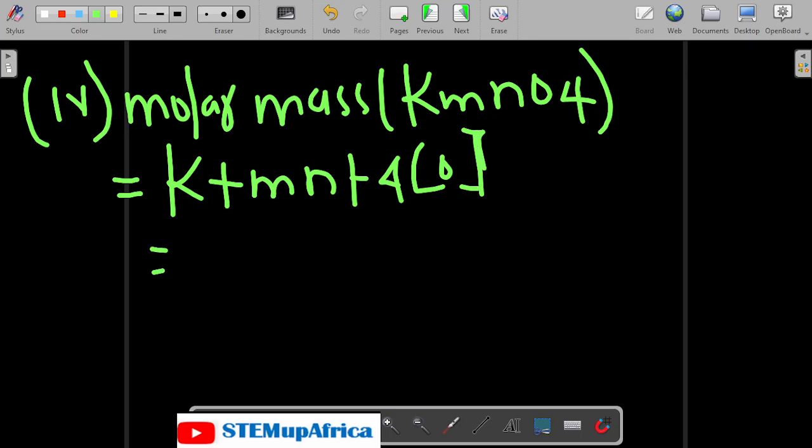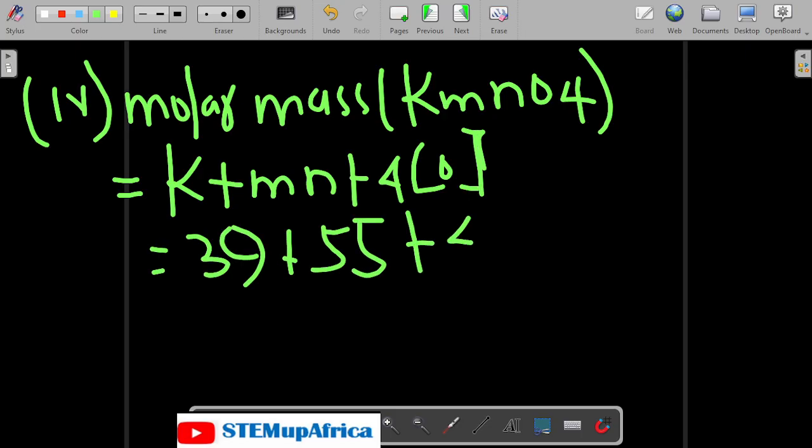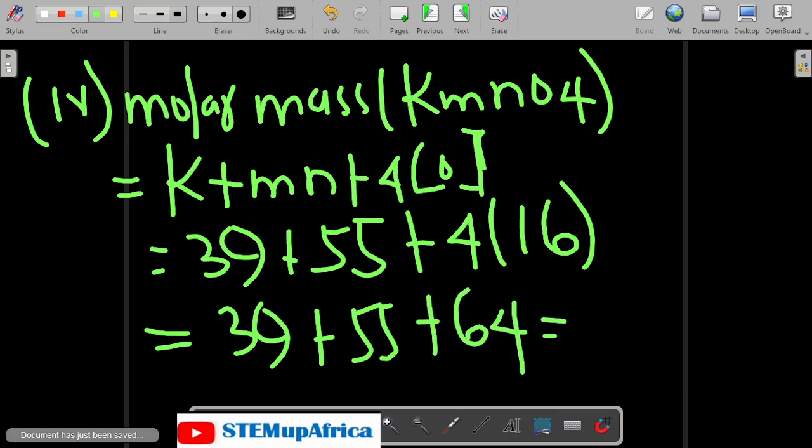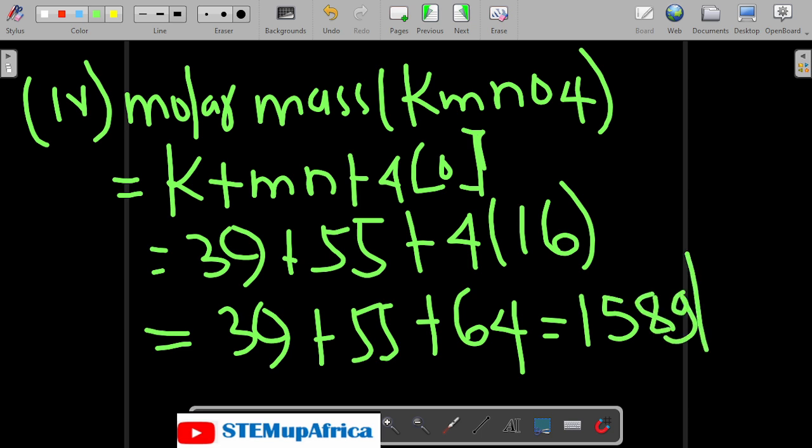K is 39, Mn is 55, plus 4 times 16. These are the atomic masses given in the question. So I'm having 39 plus 55 plus 64, that will give us 158 grams per mole. This is the molar mass.